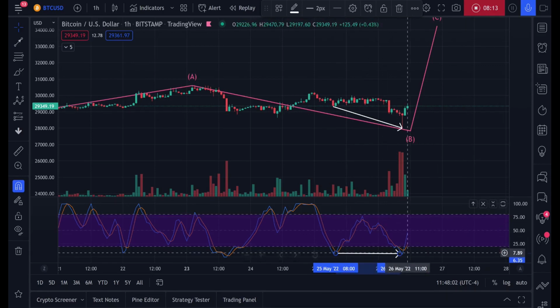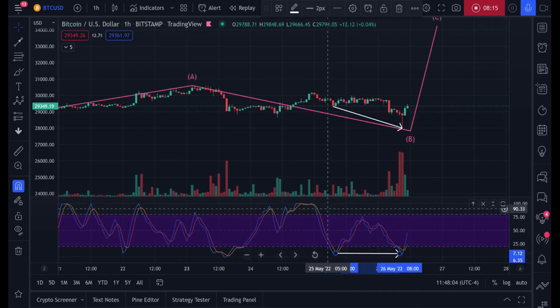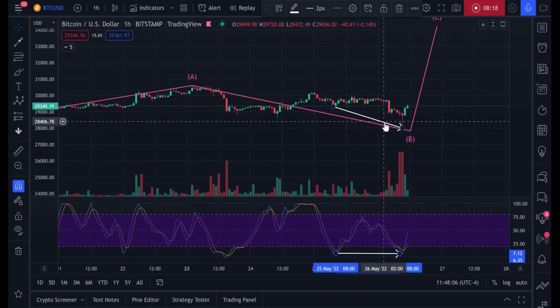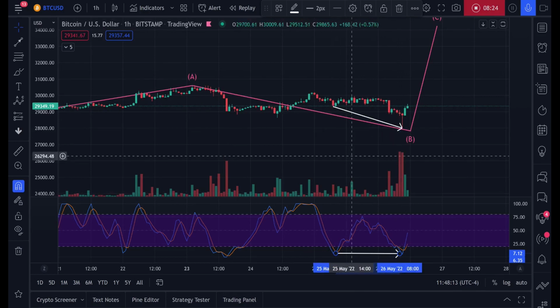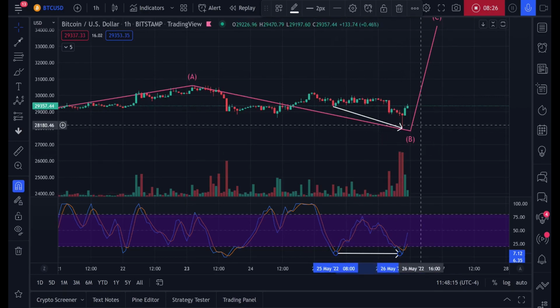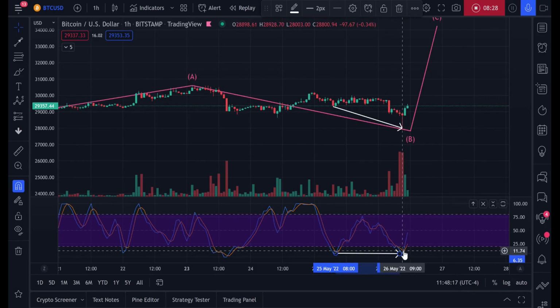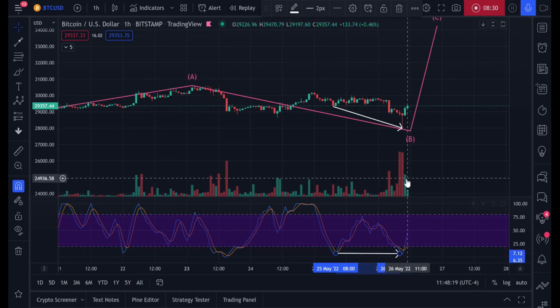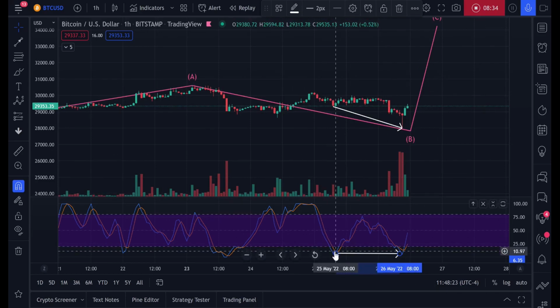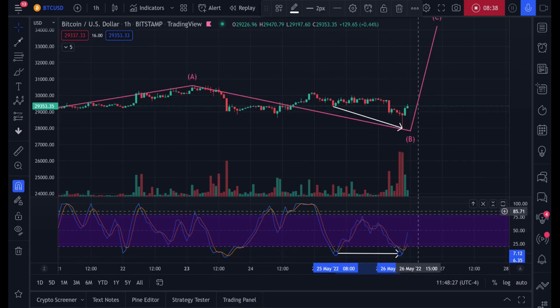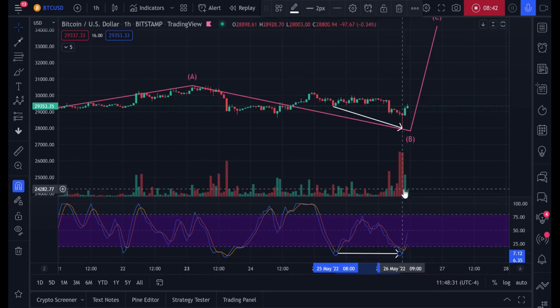So you have even bottoms here, whereas you have declining bottoms in your price action. So that's confirmed because you have a cross in your K and D lines here, confirming strong bullish divergence on the hourly time frame. And the fact that you have this nice W pattern in your stochastic RSI is also very bullish and indicative of a reversal pattern.